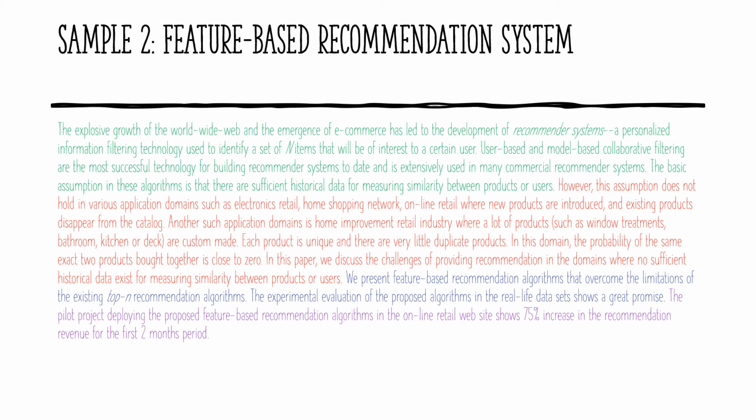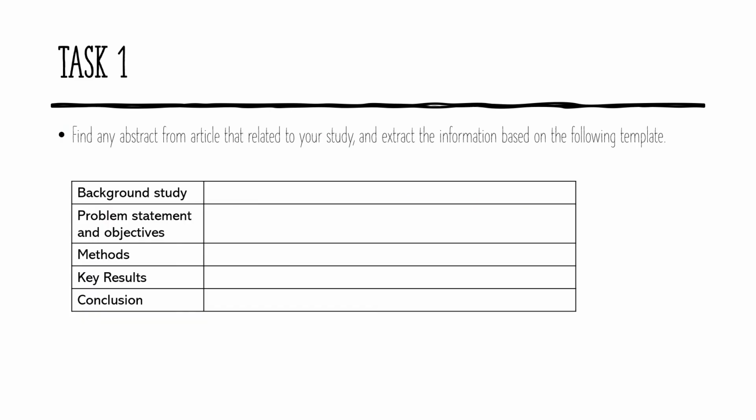So this is an example that you can use as a guideline on how to start sentences for writing an abstract. Here is task one that you need to complete. I want you to find an abstract from articles related to your study, then extract the information in the following template.